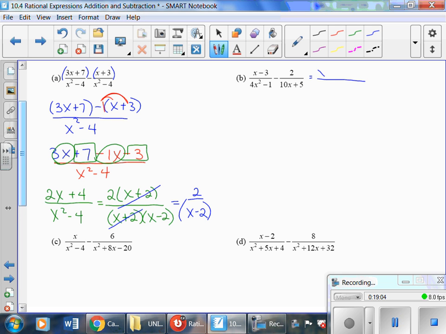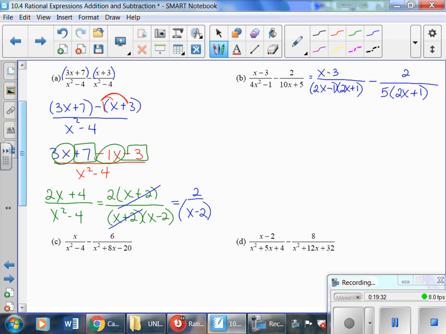So we have x minus 3 on top, and we have 2 on top in the numerator. So now, how am I going to factor the denominator on the left side? Well, once again, we have the difference of 2 perfect squares, 2x minus 1, 2x plus 1. And on the right-hand side, we're just going to pull out a common factor, the greatest common factor in this case, which is 5. And we're left with 2x plus 1.